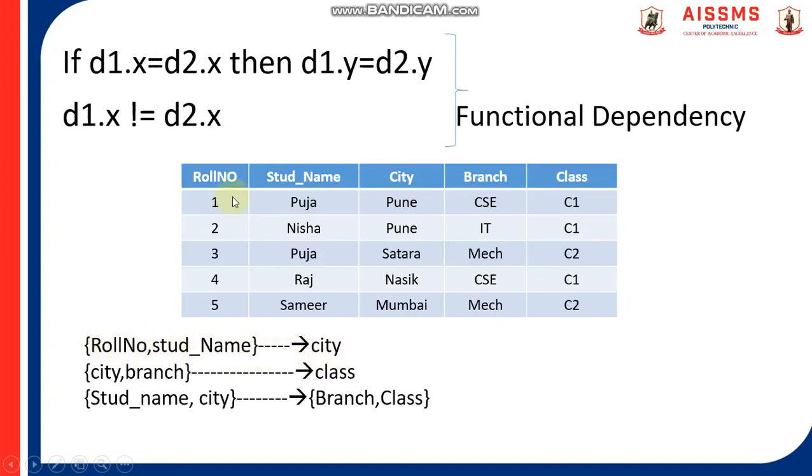Roll number 1 is not duplicated, which means this is a functional dependency, so there is no need to check the second attribute.